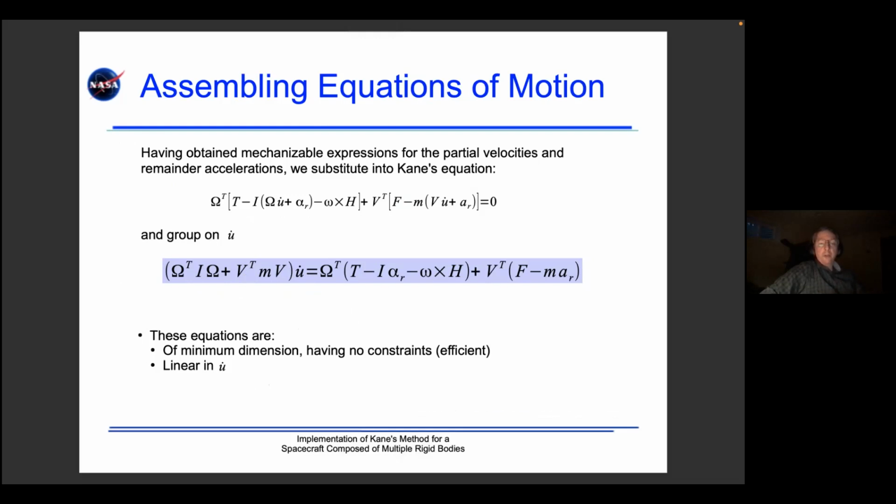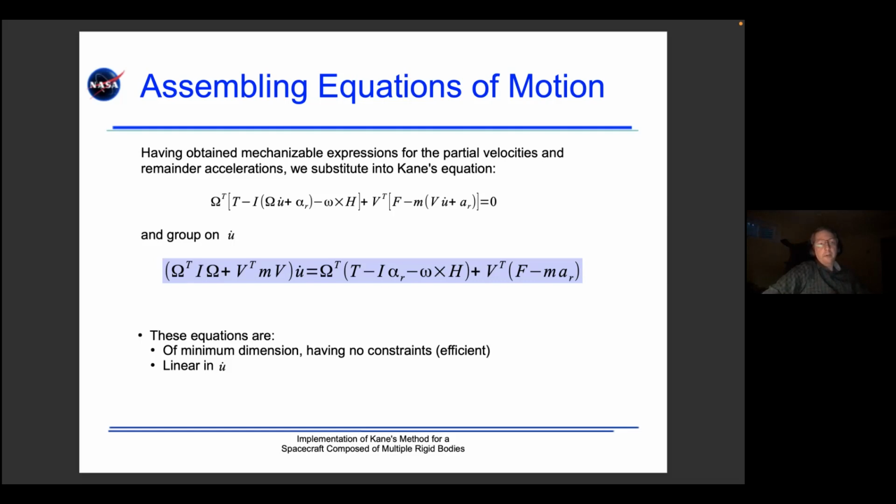And the computational complexity of that goes like the cube of the size of your system. So you double the size of your system, your computational load goes up by a factor of 8. So you're motivated to minimize the size of your system.